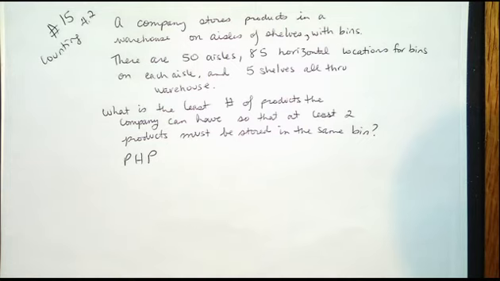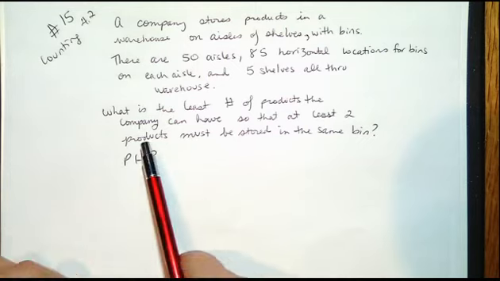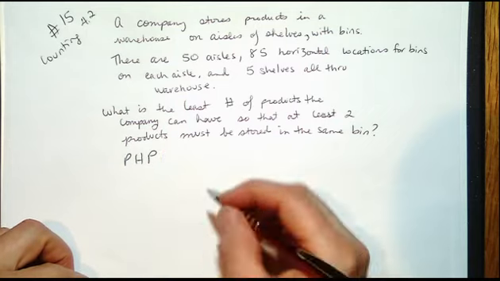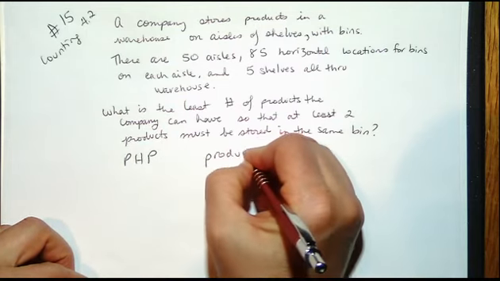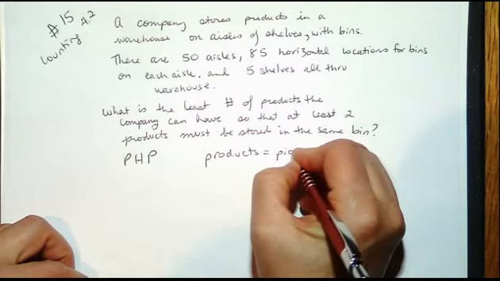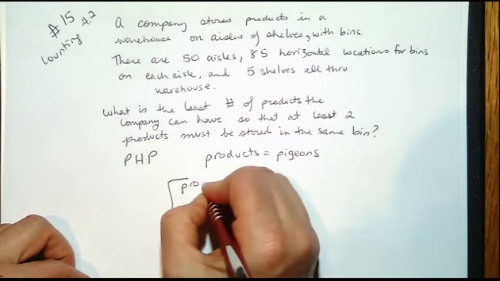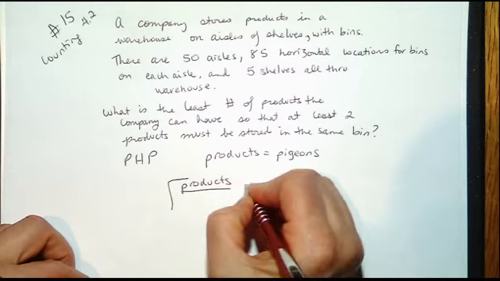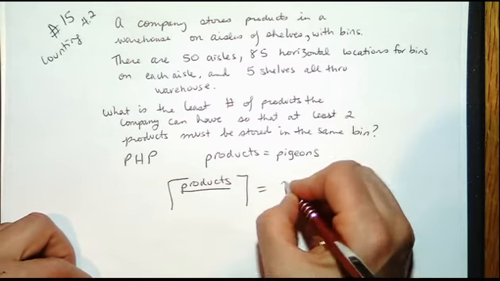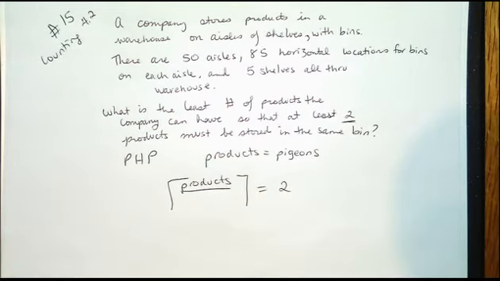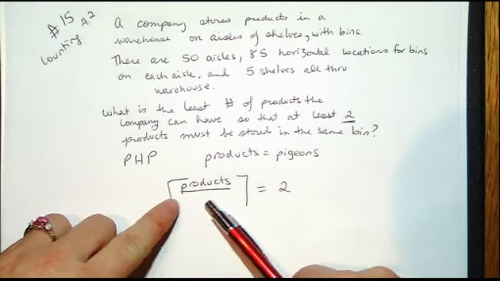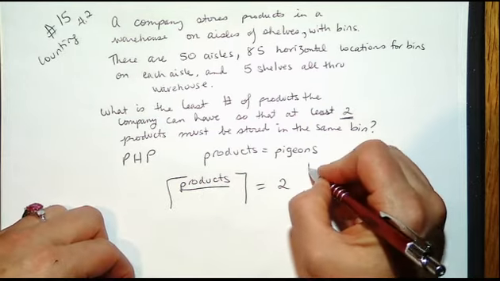So then we need to figure out that products must be the pigeons. And we know that the ceiling of the products over something is going to be 2, because that's what comes after the words at least. We want to find the least number of products, so we also have to figure out what the holes are.